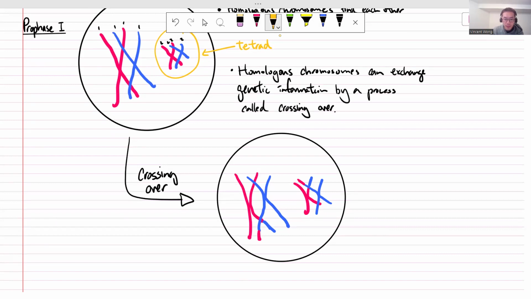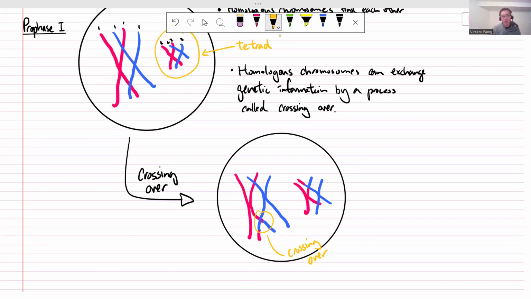Do you see that? So this over here is like crossing over. It allows the exchange of genetic information between the paternal and the maternal chromosome. And that creates genetic variation.